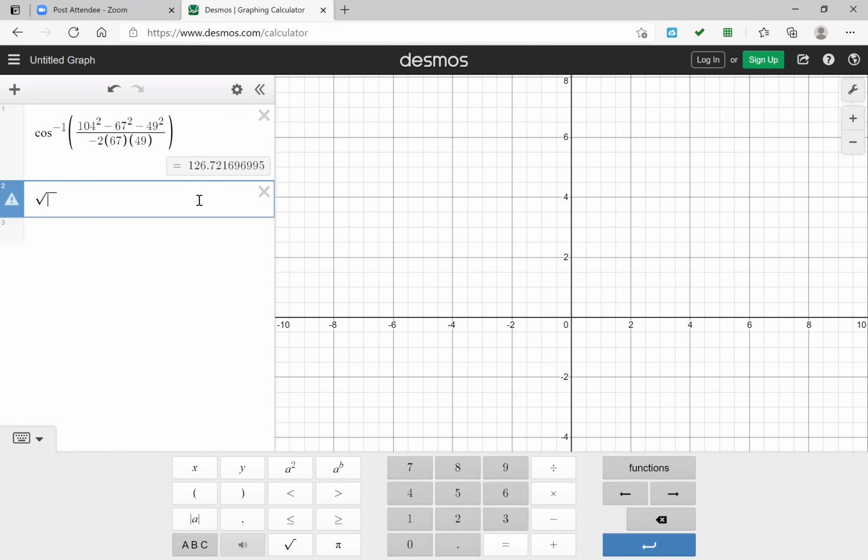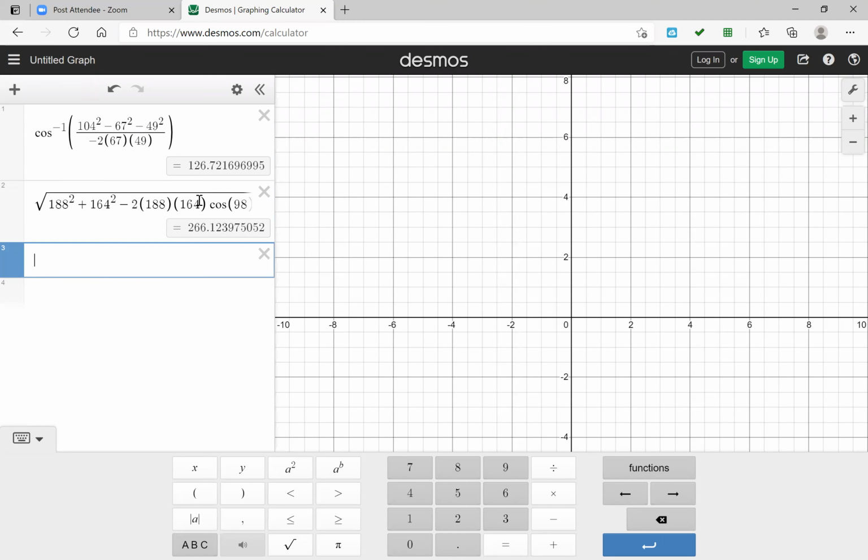So I'm going to start with the square root since that was over everything. 188 squared plus 164 squared minus 2 times 188 times 164 times cosine of 98 degrees. And that's giving me a side length for side B of 266.1.